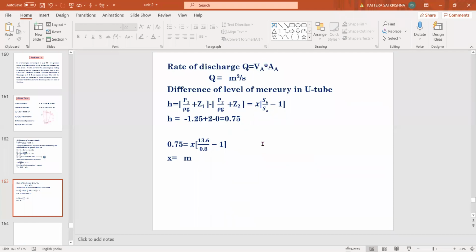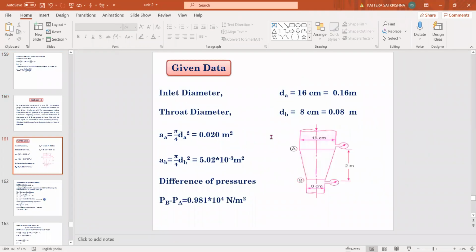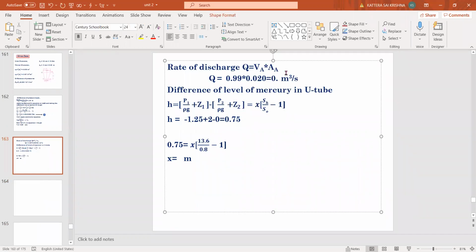Velocity at A we found is 0.99 meter per second, and area at A we have also found. So substitute these values: Q is equal to 0.99 into 0.0198, that is 0.0198 meter cube per second.